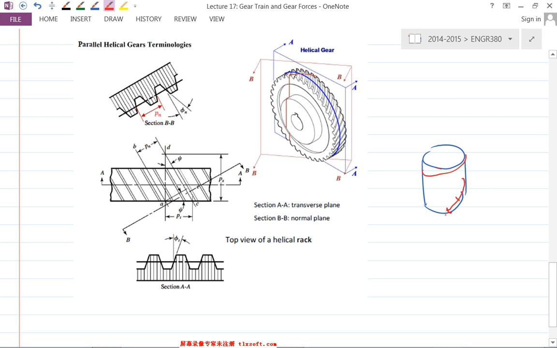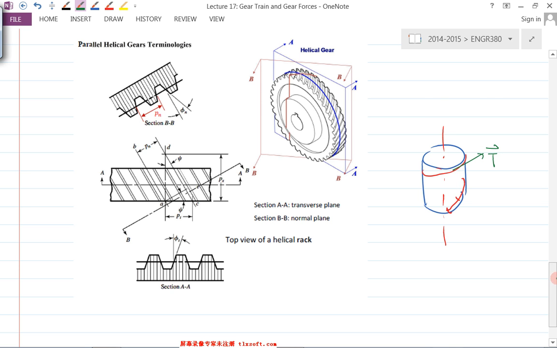One property is that if you draw a center axis here, you can always draw a tangent vector to the helical curve, and this tangent vector will form an angle with the vertical axis, the rotational axis. That angle is actually a constant.